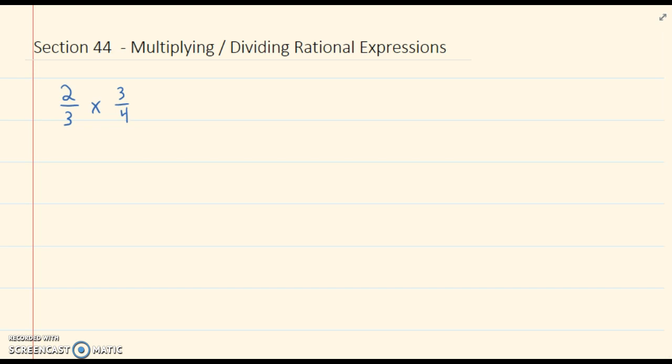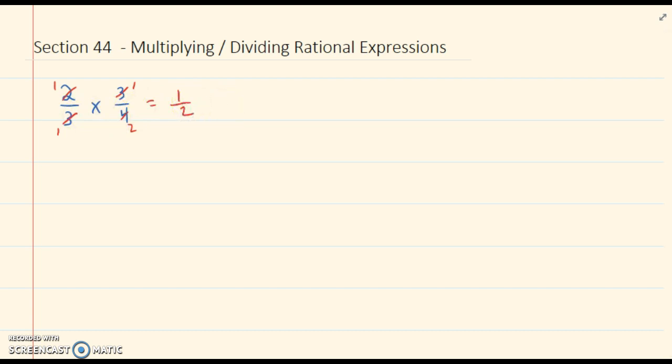Generally what we want to do first is to reduce something. So I can cross reduce the 3's, and I can reduce the 2 and the 4, making it 1/2. Now to multiply the fractions, I multiply the numerators together, and I multiply the denominators together.